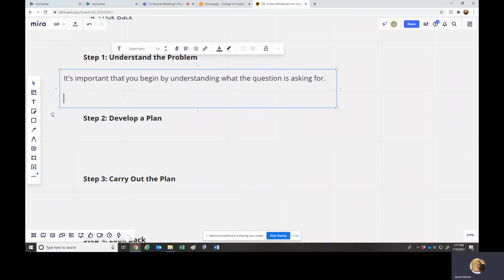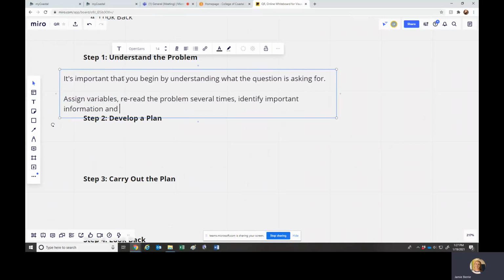In this step, you may need to assign variables, reread the problem several times, and as you reread, identify important information and even eliminate information that is unnecessary.